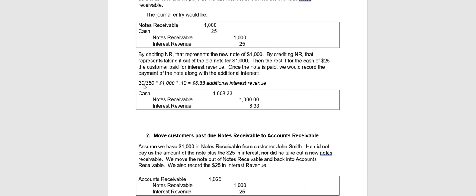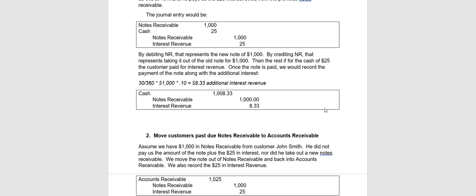So the additional interest is for an additional 30 days divided by 360 times 1,000 times 10%. So an additional $8.33 in interest. So when he does pay it, he pays cash of $1,008.33. Don't include that $25 again. He already paid it. Credit note receivable for $1,000. Credit interest revenue for $8.33. And all is paid up.